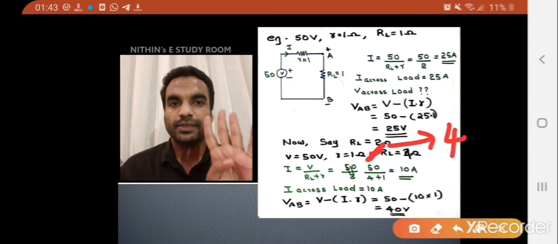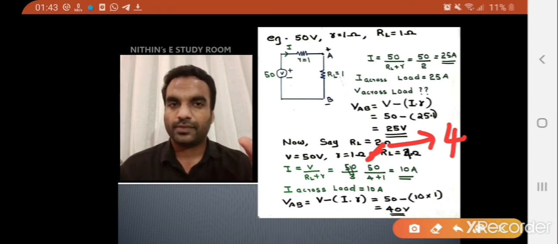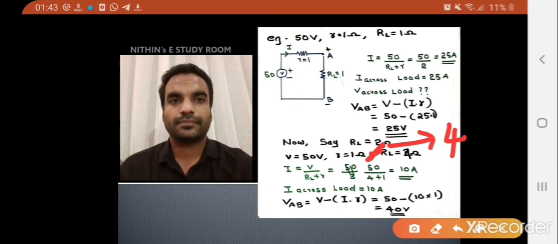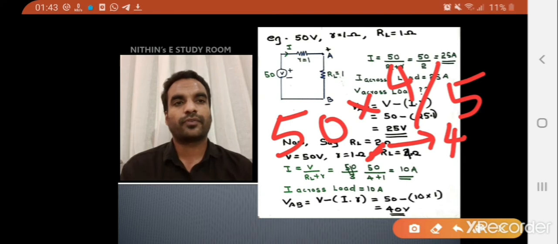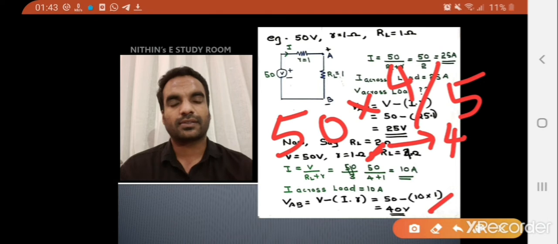Terminal AB means it is 4 ohm. So 50 into 4 by 4 plus 1, that is 50 into 4 by 5. What will be the answer? 50 into 4 by 5 means 10 into 4, that is 40. So you will get the same answer, 40 volt.